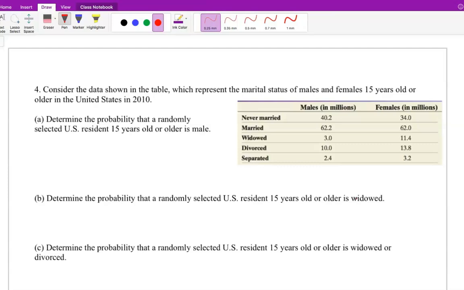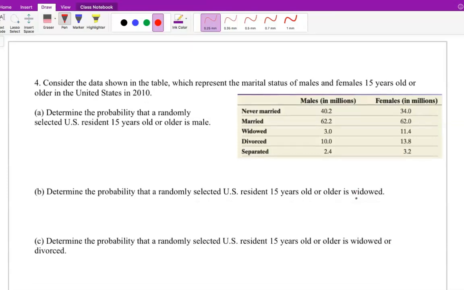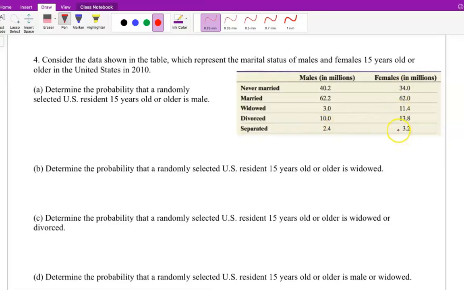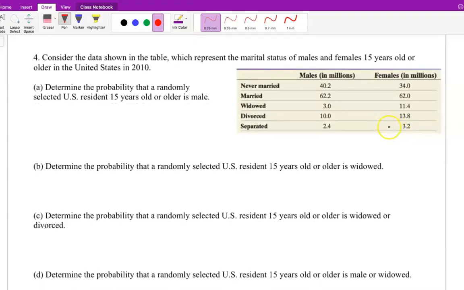Okay, now example number 4. Consider the data in this table. We have this column male and second column females. Determine the probability that a randomly selected U.S. resident 15 years old or older is male.